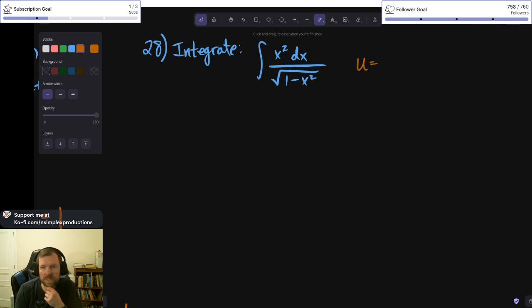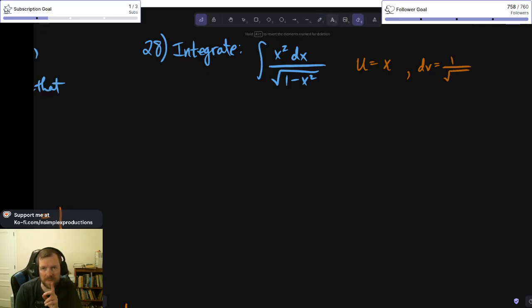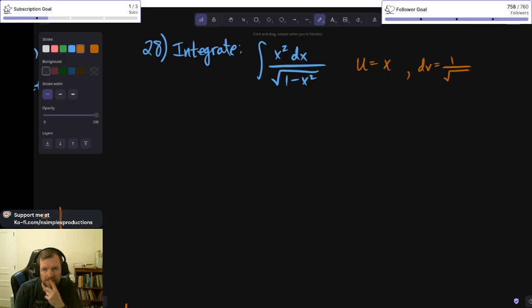So if u is equal to x squared and dv is equal to 1 over the square root, no, that's probably not going to work. Hang on. Let u just be x. Well, actually, either way could work in theory. So we can make this x over the square root of 1 minus x squared.